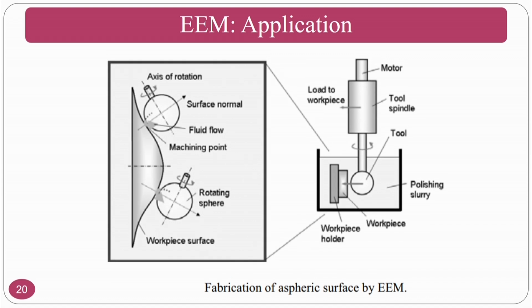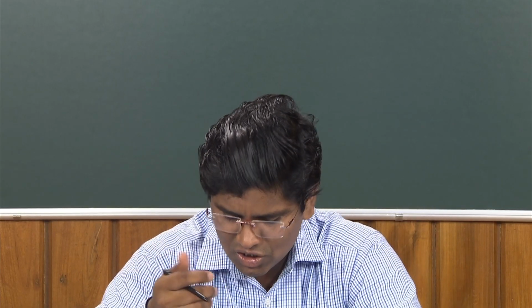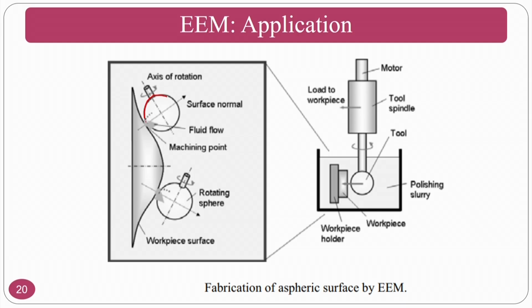You can see here you have a lens with a convex surface, and you have to use your particular sphere, that is nothing but a polyurethane sphere, at different angles. So, you have X, Y, Z motion, swiveling action and other things. Normally, you might have seen 3-axis machines, 5-axis machines and others. So, you can apply this type of motion to the spherical ball at different positions, with different axes maintained.